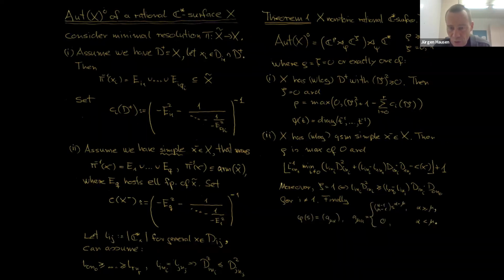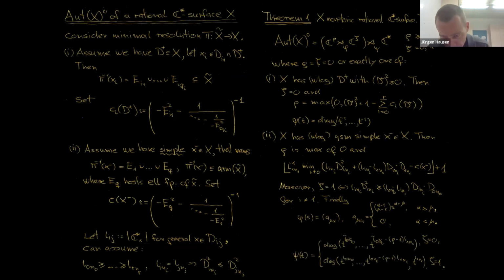Yeah, this is just to say that also this twisting homomorphism is completely determined. And then the psi is as well completely determined, again by a diagonal matrix. And what we see in the exponents, these are isotropy group orders. In the case theta equals 0, we have to go to the minimal resolution and take isotropy group orders there.